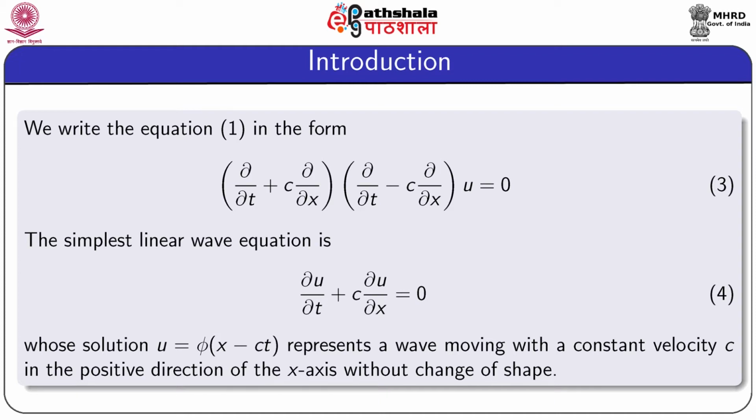So, the simplest linear wave equation can be written as ∂u/∂t + c ∂u/∂x = 0, and the solution of this equation is u = φ(x − ct), which represents a wave moving with the constant velocity c in the positive direction of the x axis without change of shape.